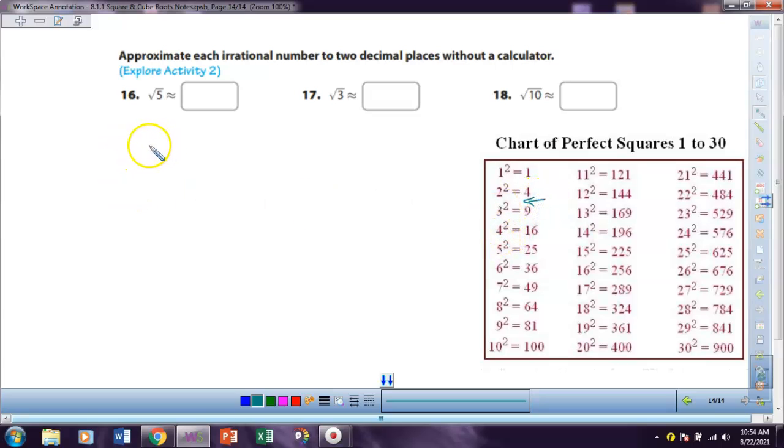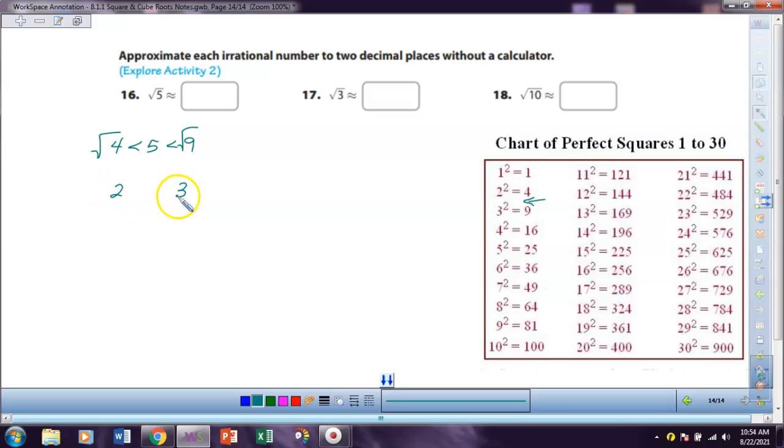So 5 is greater than 4, but less than 9. Then I'm going to square root those. The square root of 4 is 2. The square root of 9 is 3. So it's going to be between 2 and 3 on a number line.